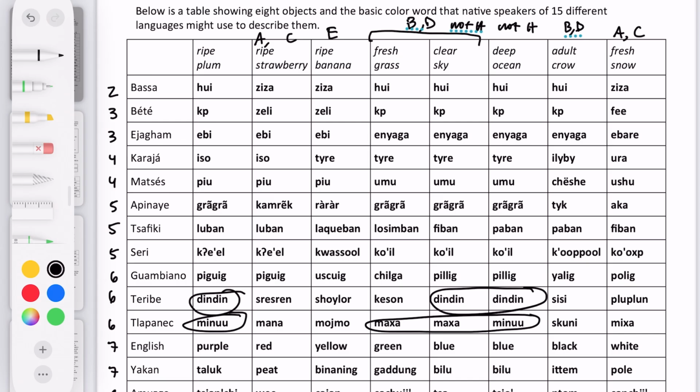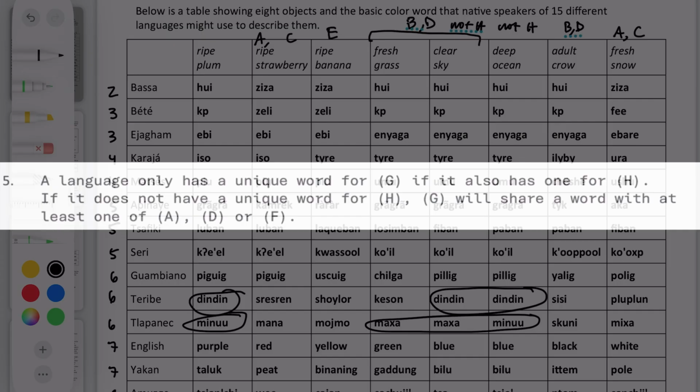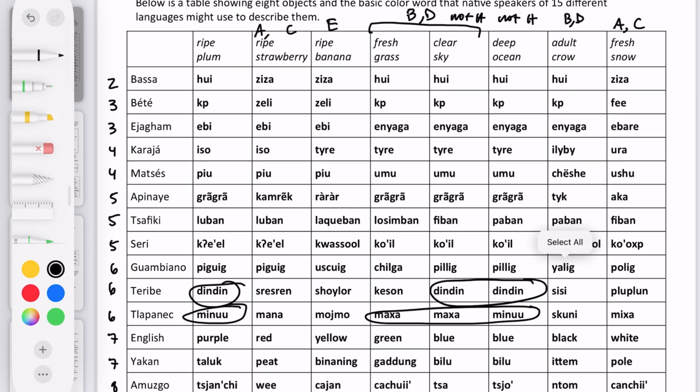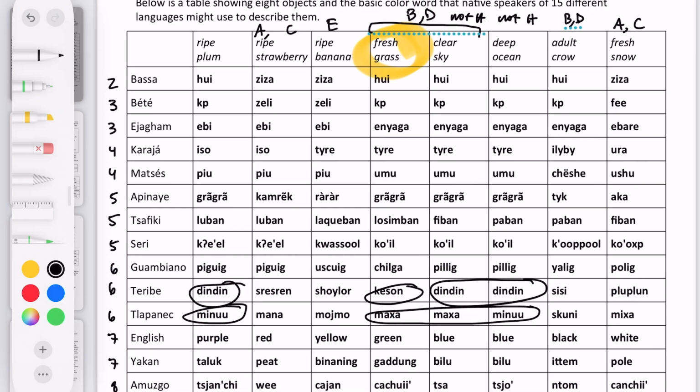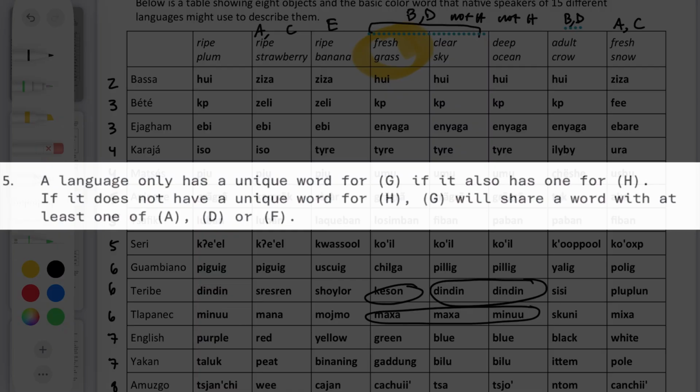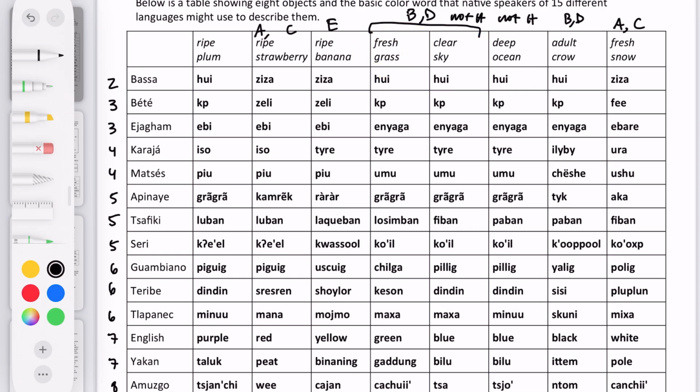Based on rule number 5, since a language only has a unique word for G if it also has one for H, if this column, fresh grass, was letter G, that would contradict rule number 5, because we would have a unique word for G, caisson. But since H is going to be one of these other 3 columns with din, H would not have a unique word here, contradicting the first part of rule 5. So we can conclude that this column here, fresh grass, is not G.